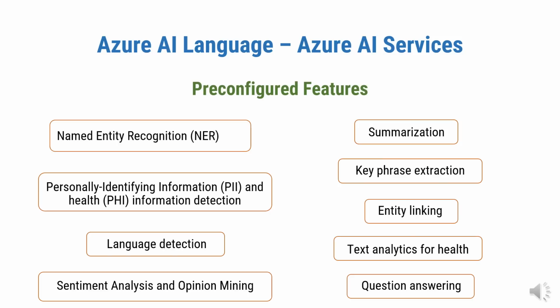Pre-configured features: named entity recognition, personally identifying information and health information detection, language detection, sentiment analysis and opinion mining, summarization, key phrase extraction, entity linking, text analytics for health, and question answering.